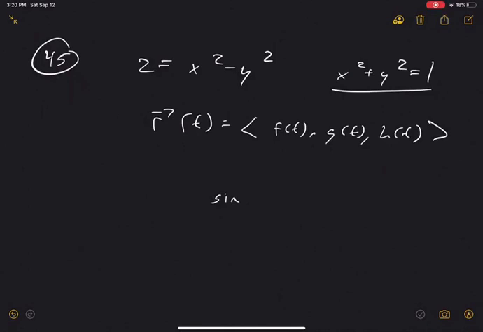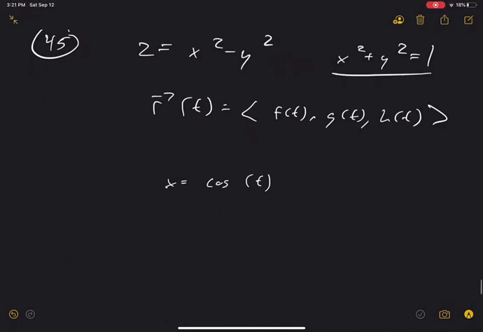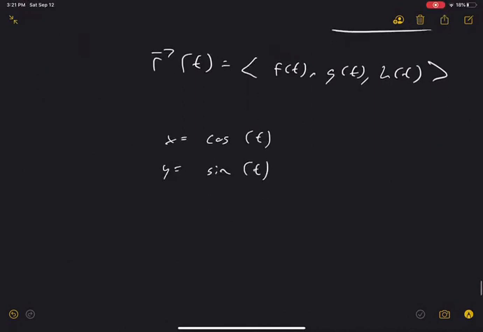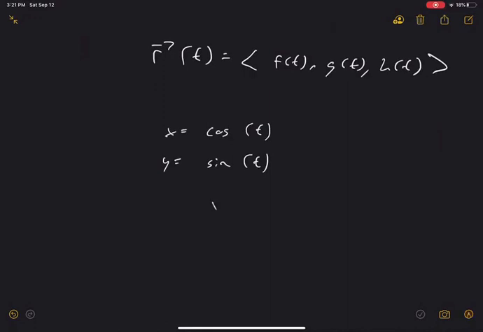If I said x is equal to sine of t, right? Or how about let's do this. x equals cosine of t. How about that? And y equals sine of t. I like that a bit better. Well then, x squared plus y squared equals 1.